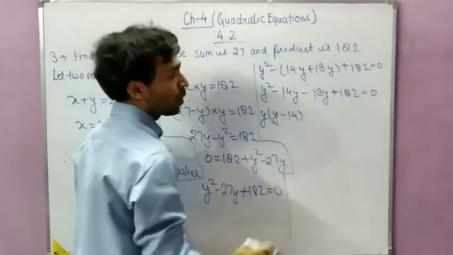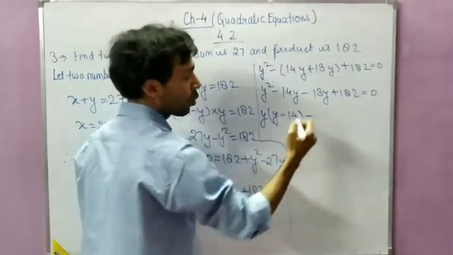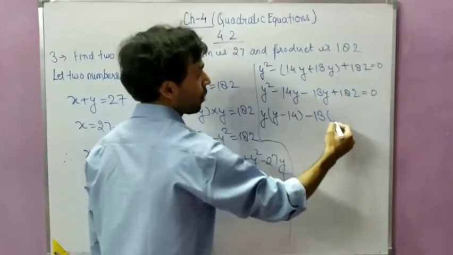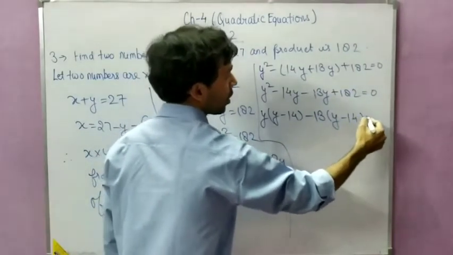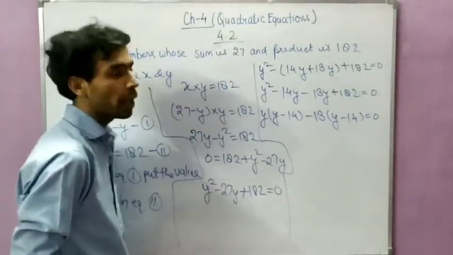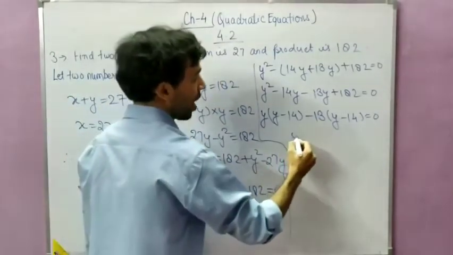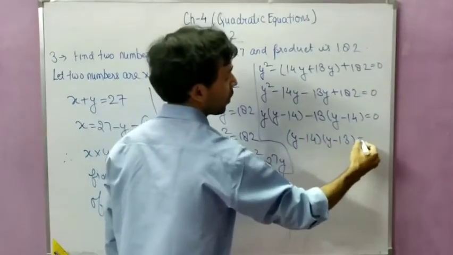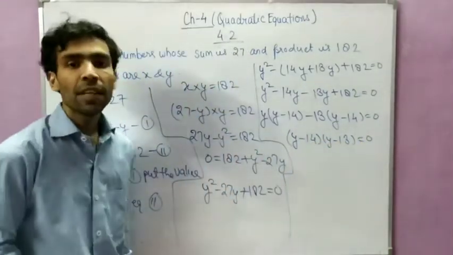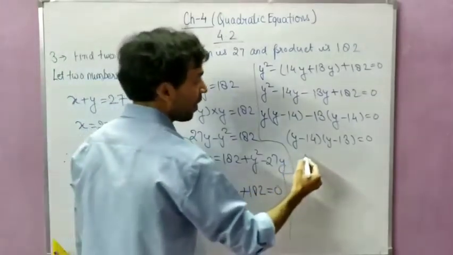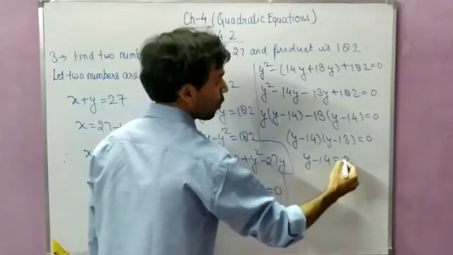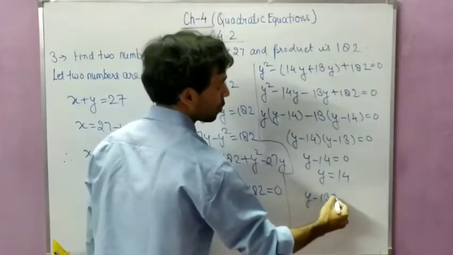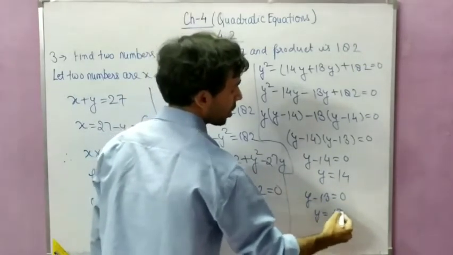And between the second two terms, because the first term is negative, we take minus common, and the other common factor is 13. So we get y minus 14 times y minus 13 equal to 0. One by one we will equate them. So when y minus 14 is equal to 0, y equals 14, and when y minus 13 equals 0, y equals 13.